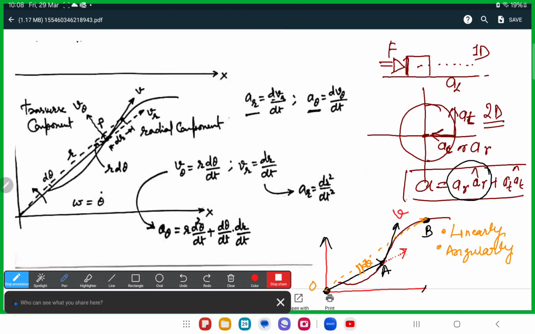Let's say this is v, so this component we can call v radial, v_r, that is along the center, whatever virtual center we have considered, and one that is perpendicular to it, that is v angular. Means the total velocity gets divided into two components, v radial and v angular. We can also call this the polar component.